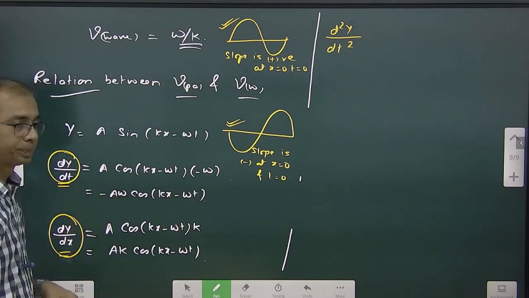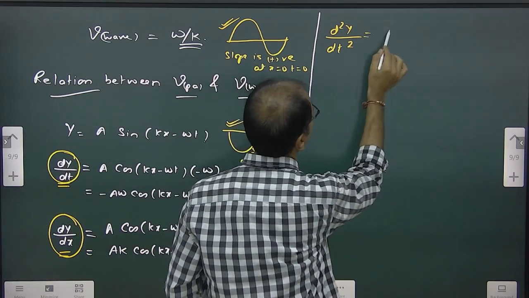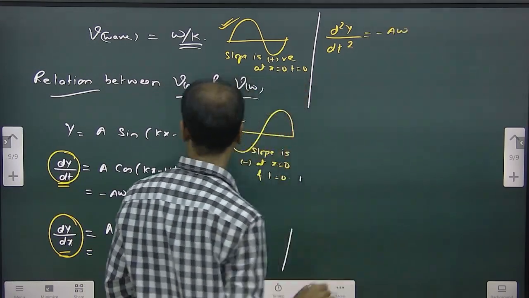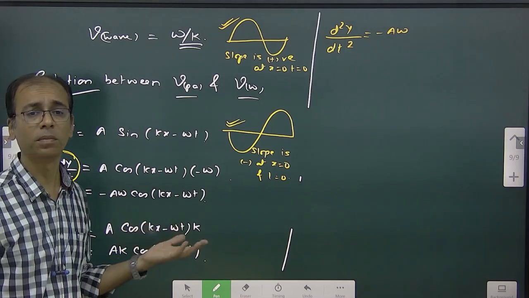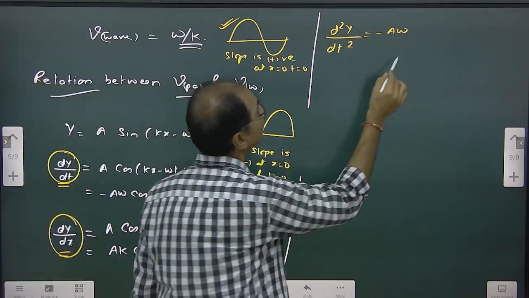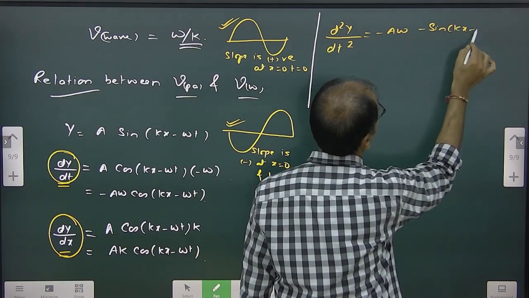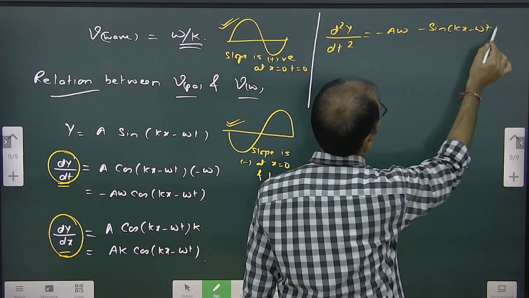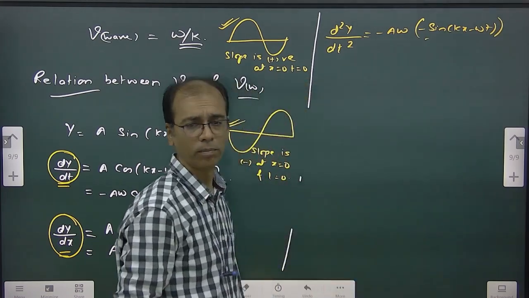And this one. So A omega as it is there, constant. Now differentiation of cos with respect to time. So cos differentiation is minus sine. So minus sine kx minus omega t. Then differentiation of kx minus omega t one more time.